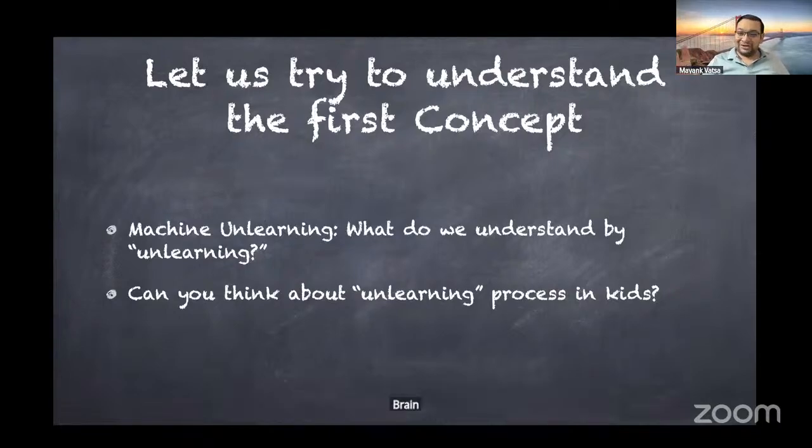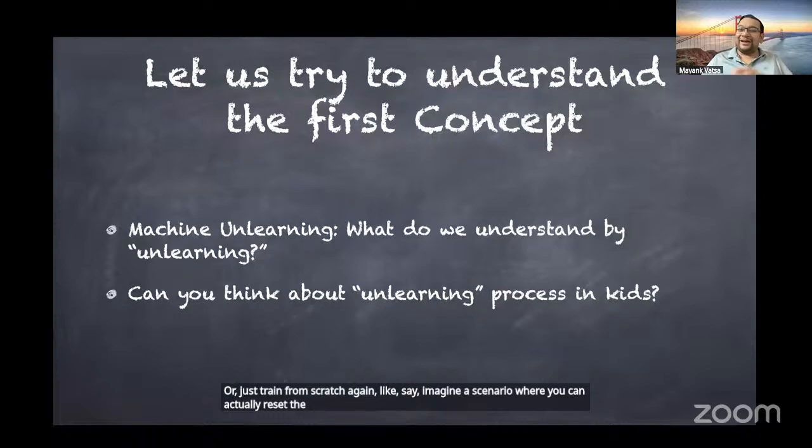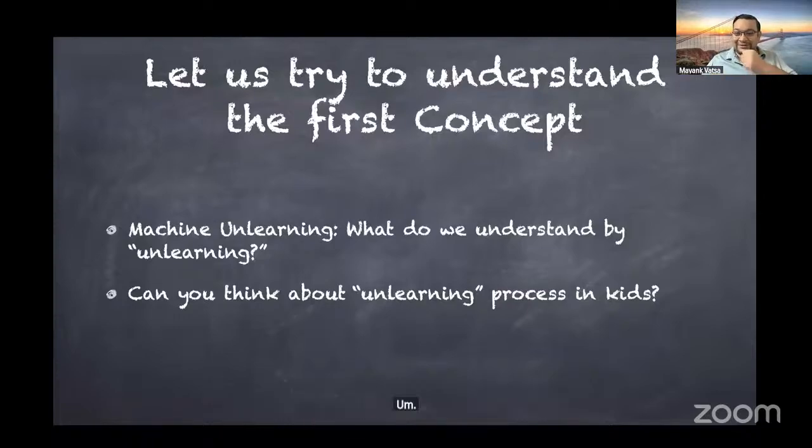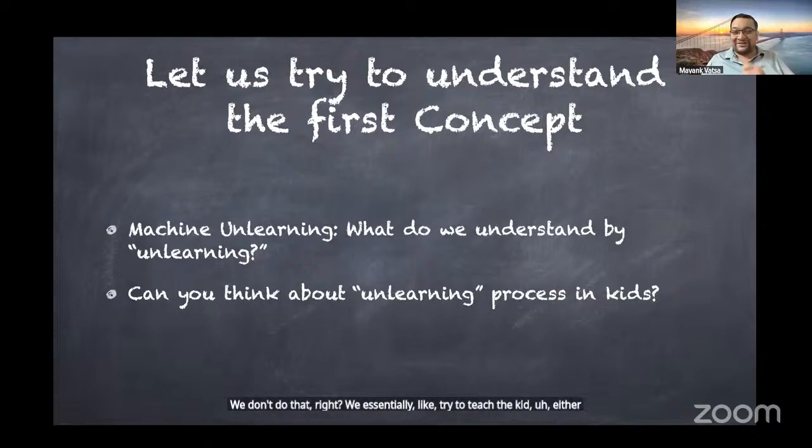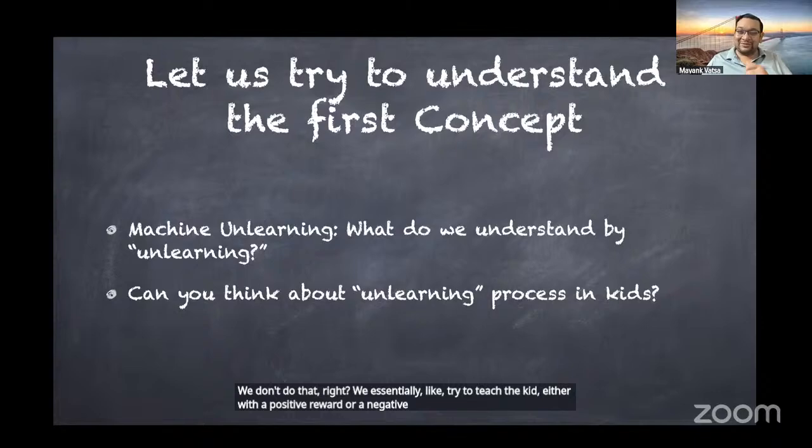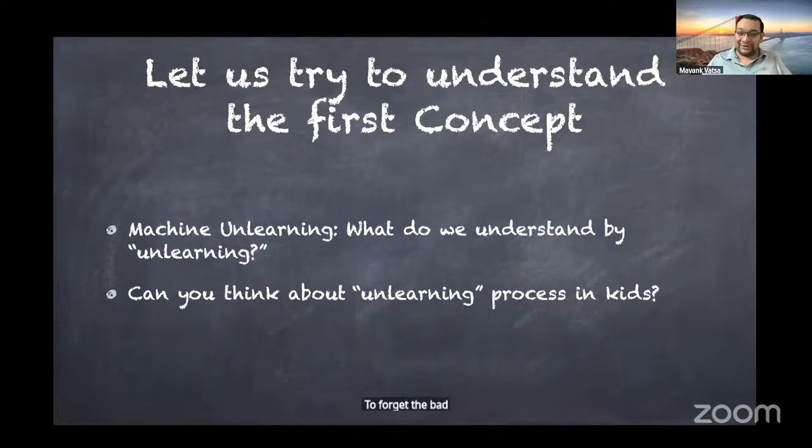Or would you just train from scratch again? Imagine a scenario where you could reset the kid's brain and start the whole learning again, not just the slang part. We don't do that, right? We try to teach the kid with either a positive or a negative reward, some sort of reward to forget the bad habit.